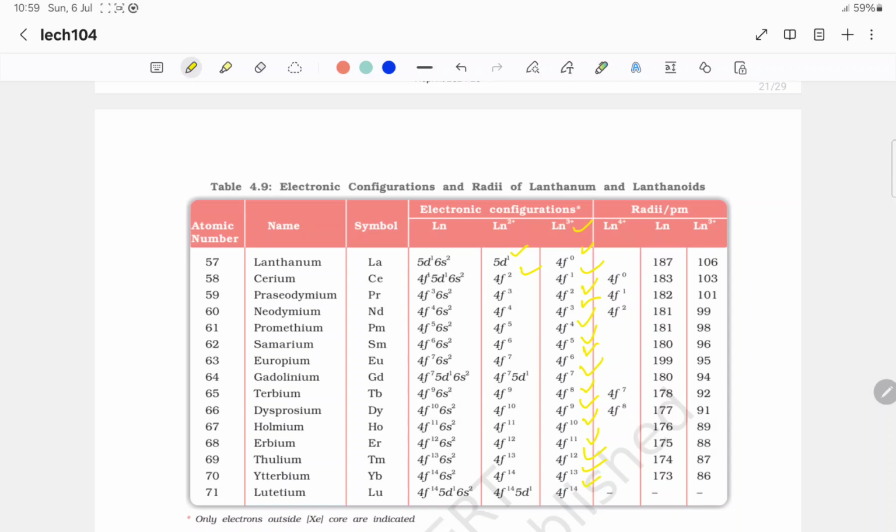And you see for the 3+ ion the variation, gradual decrease in the radius: 106, 103, 101, 99, 98, 96, 95, 94, 92, 91, 89, 88, 87, 86. So a very gradual decrease in the ionic radii for the 3+ ions.